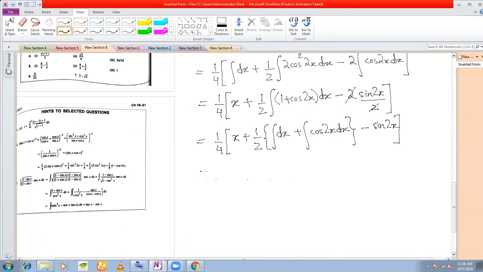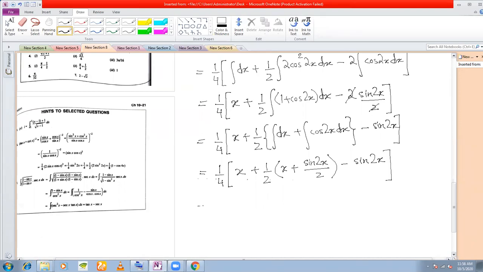So 1/4 x plus half of x plus again integration cos 2x is sine 2x, minus sine 2x.